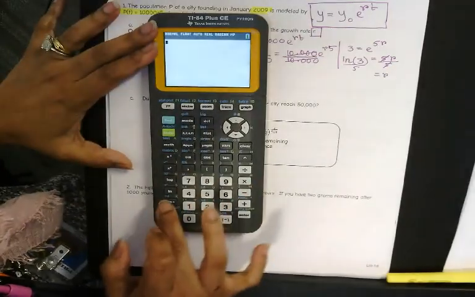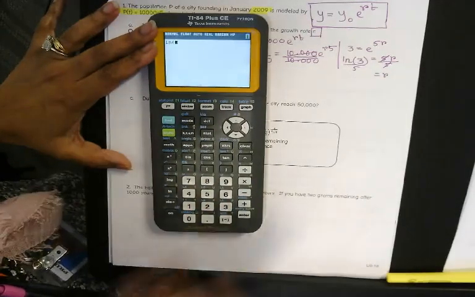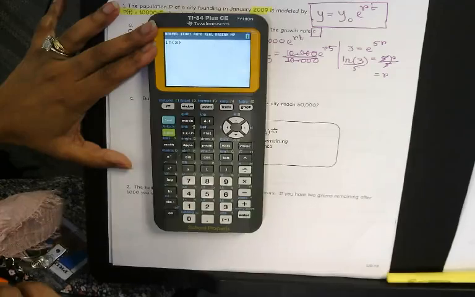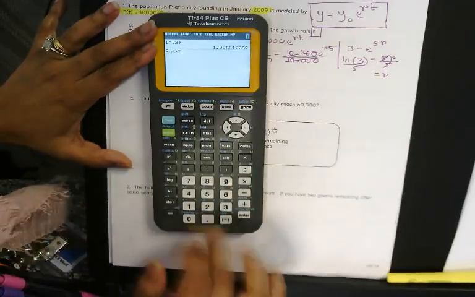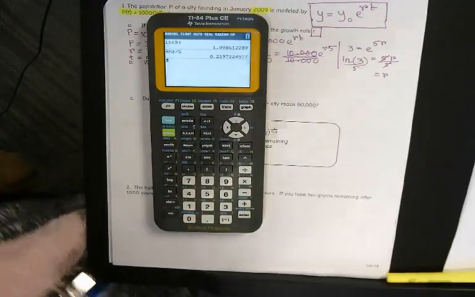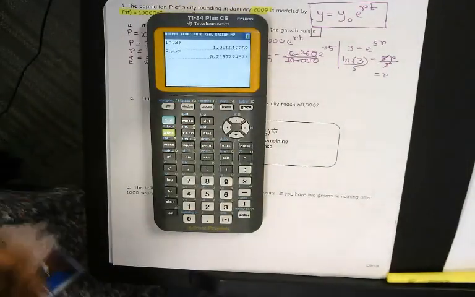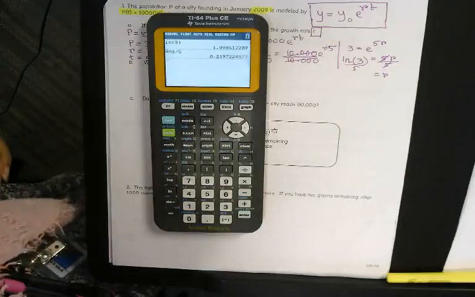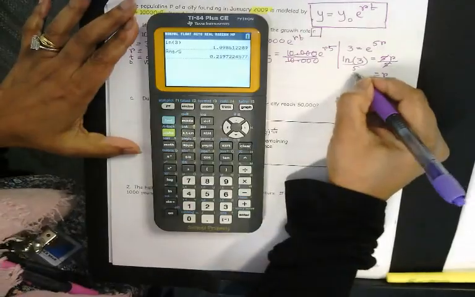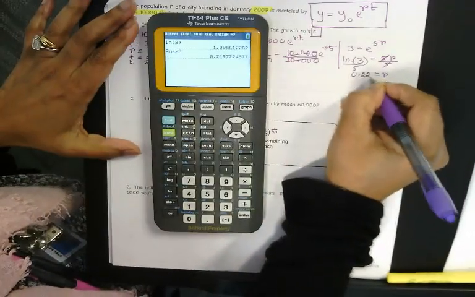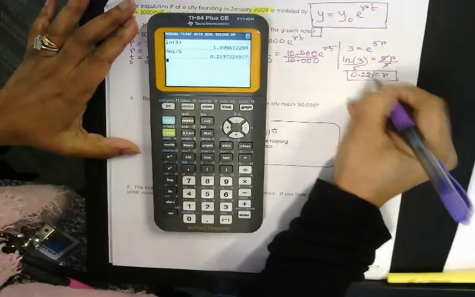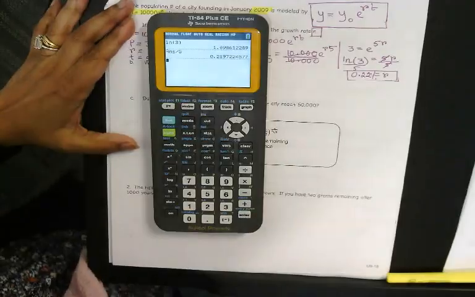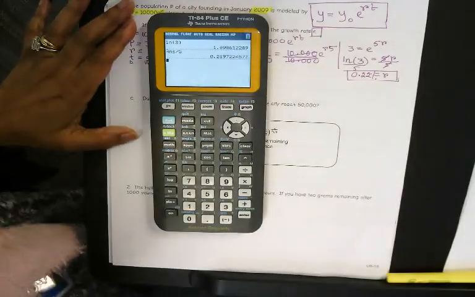So ln, which is over here, 3, hit enter, divided by 5. That's my answer: 0.219, we can put 0.22. It's a percentage. Rate, so it's a percentage.